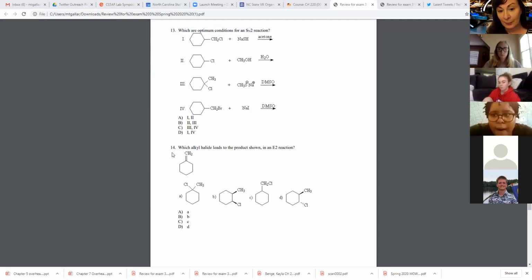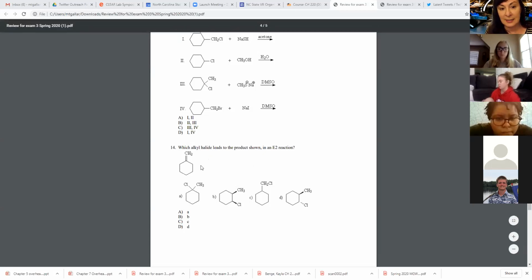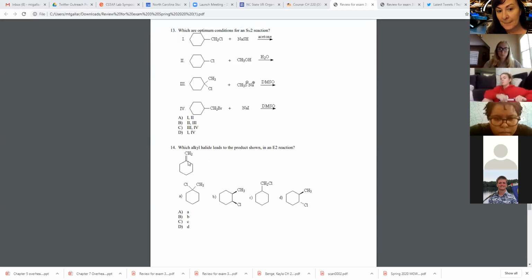Yeah, but backwards, right? They're asking you, which one of these will allow you to make a double bond here on the outside? Can I make this double bond if I start with some of the other things that I have named here?